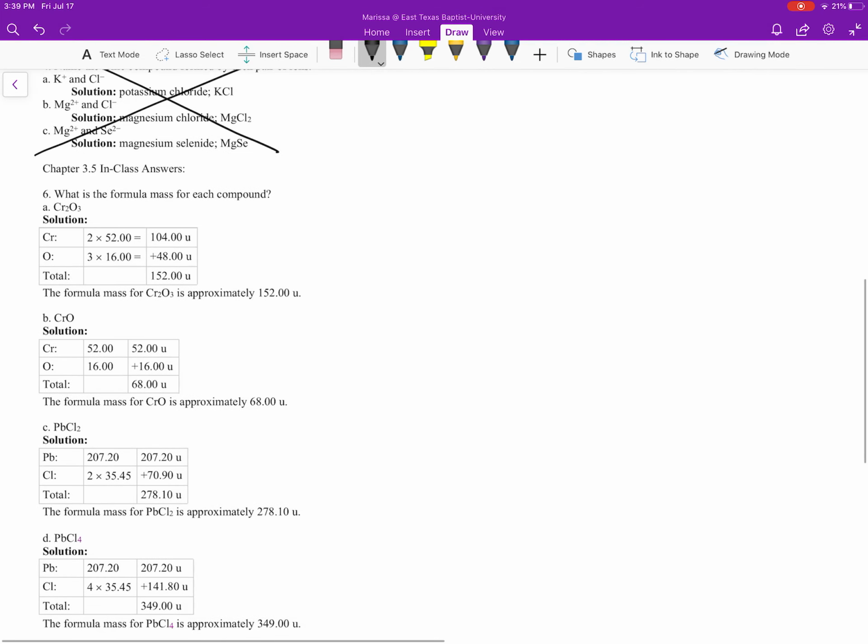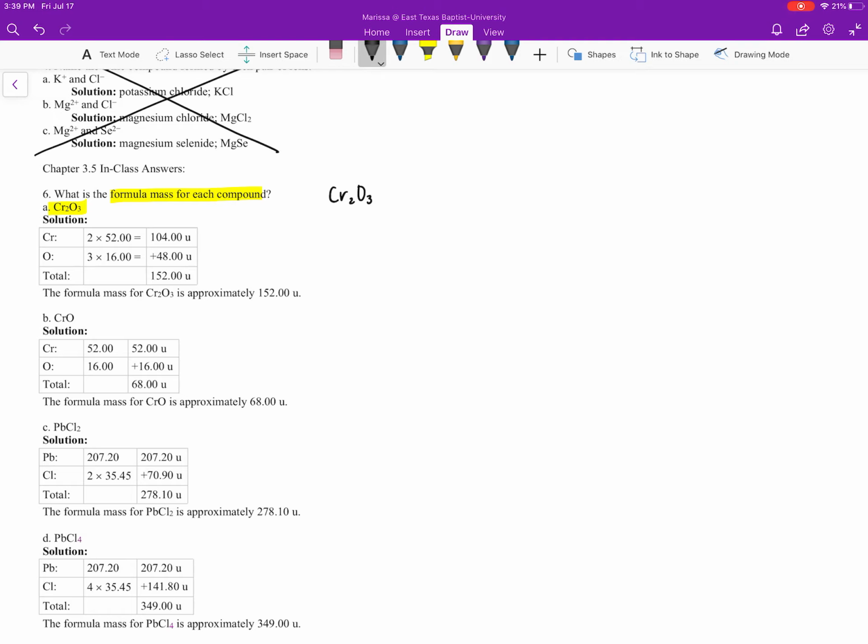The last thing here is to calculate the formula mass for each compound. What we have to do is remember that for each element, we're going to take the subscript and multiply it by the atomic mass on the periodic table. So in this case, chromium oxide.